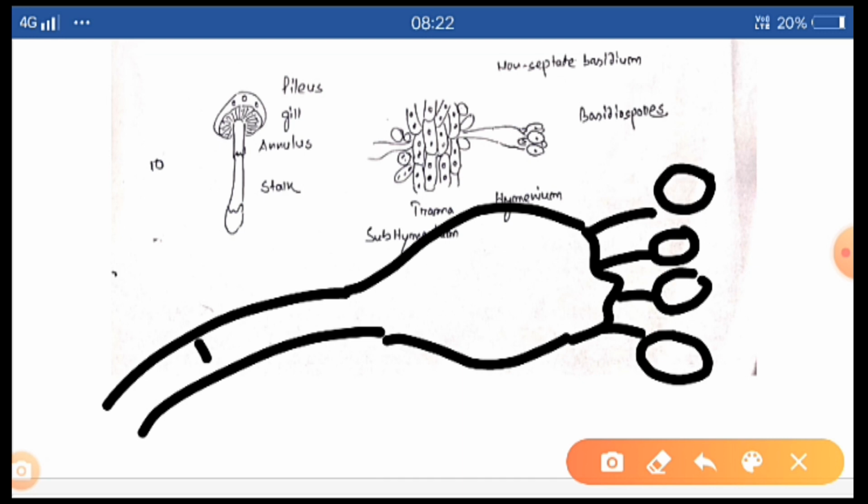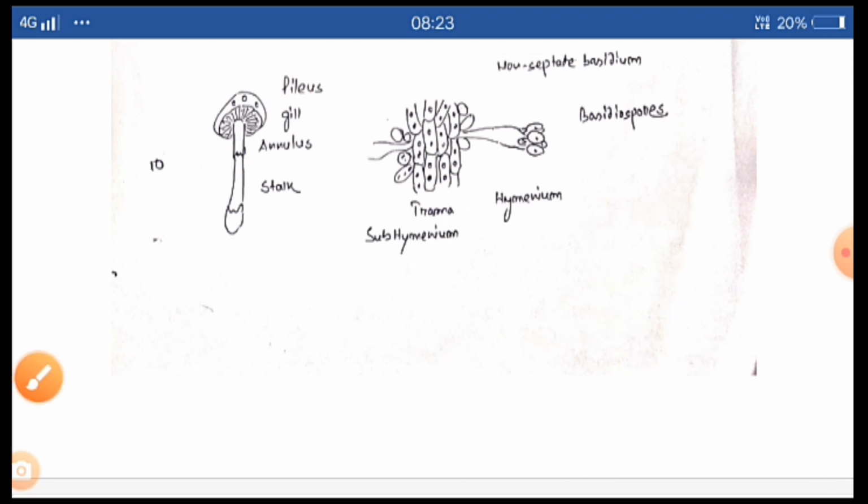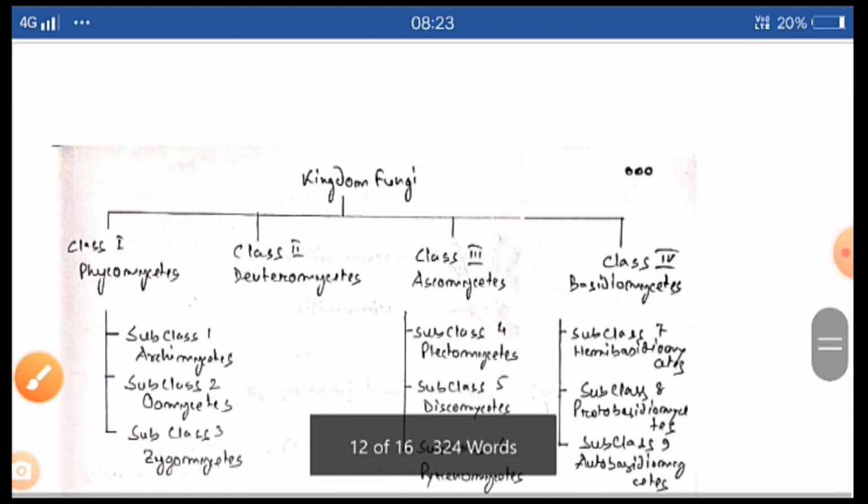So it is Basidiomycetes, and since the spores are definite and the basidium is non-septate, hence it is placed under the subclass Autobasidiomycetes.